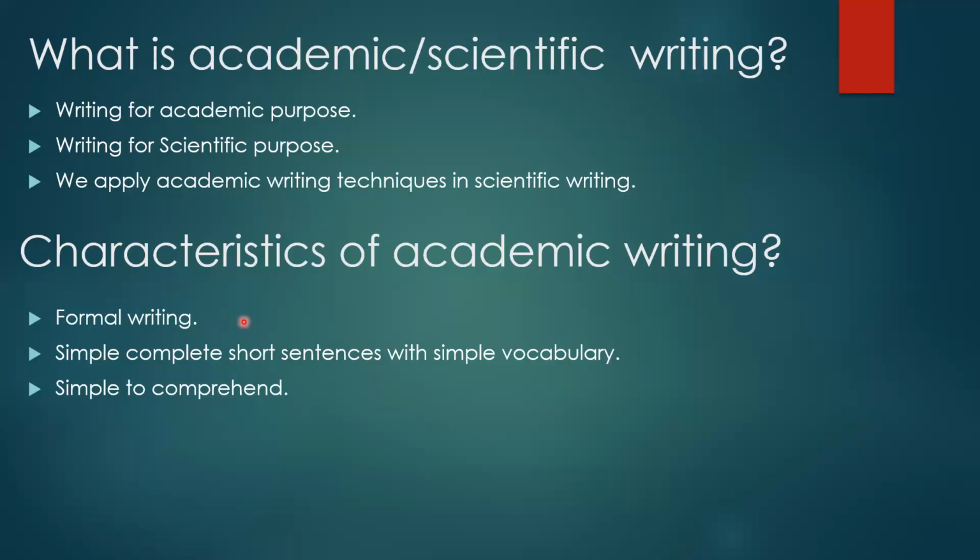Formal writing has a particular structure, which we are going to see. In formal writing, your sentences have to be simple, short, with simple vocabulary, and it must be easy to comprehend. Somebody should be able to understand what you're saying without trying to make their own interpretation.